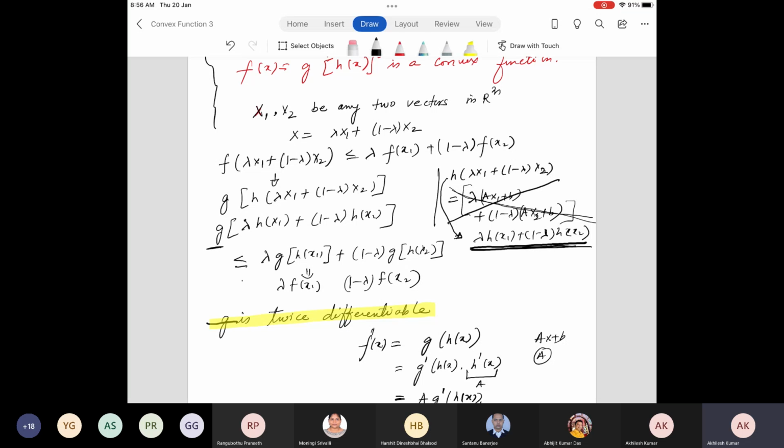Yes, sir. See, in case of the affine function, I showed you that because of the equality, in fact, ax1 plus b can be used to show that it is both convex and concave at the same time.